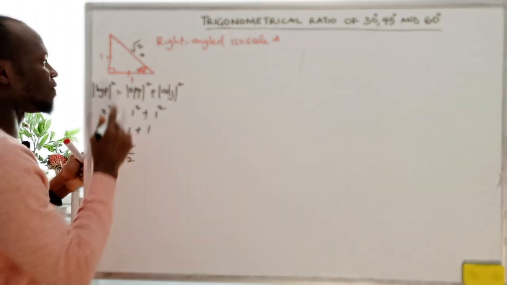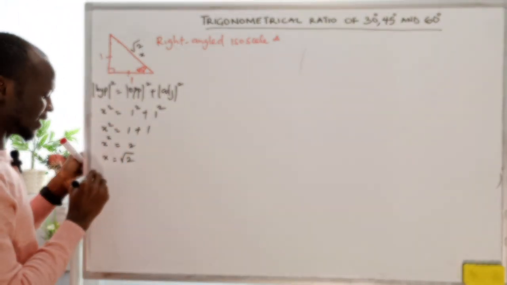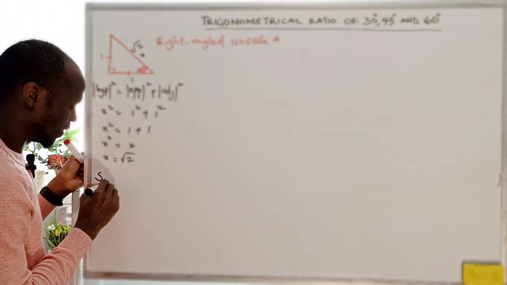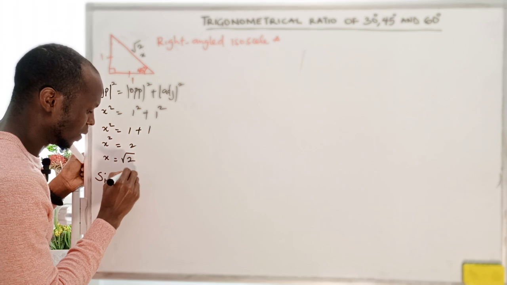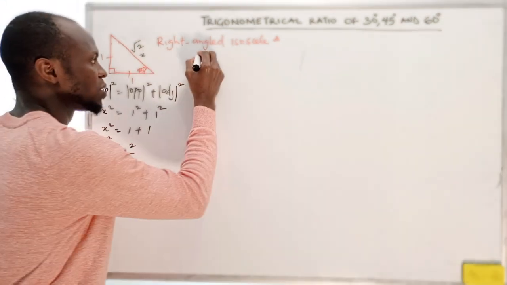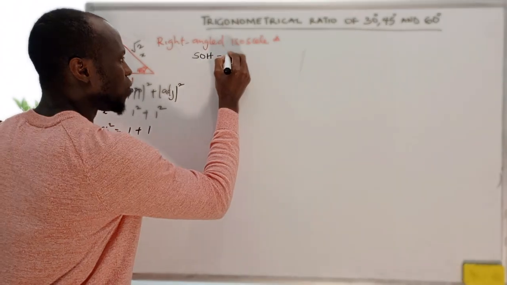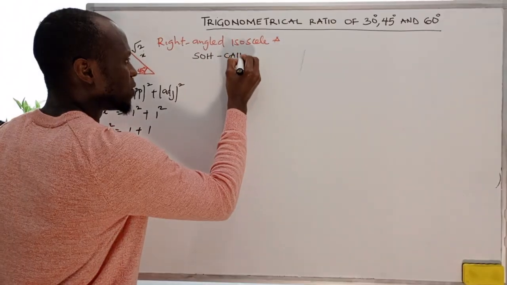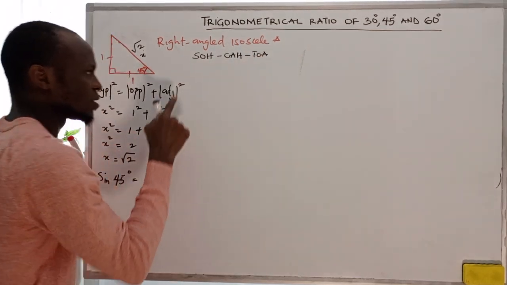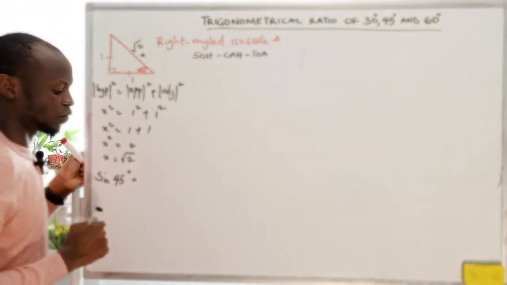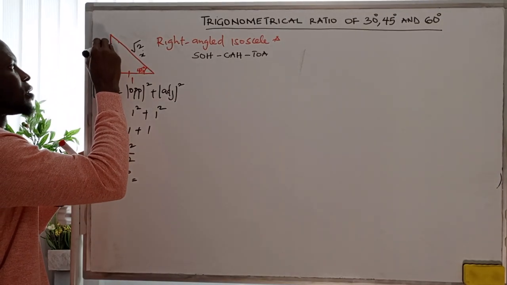Okay? Now, if I consider this triangle that I have on the board, my sine 45 degree, don't forget, sine equals opposite over hypotenuse. What is my opposite? This is my opposite.